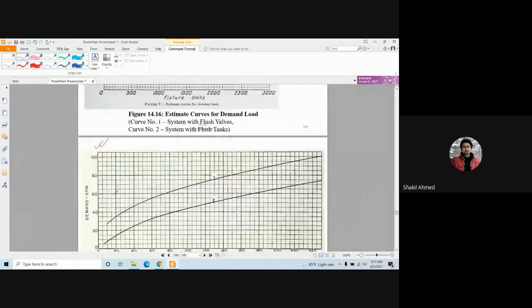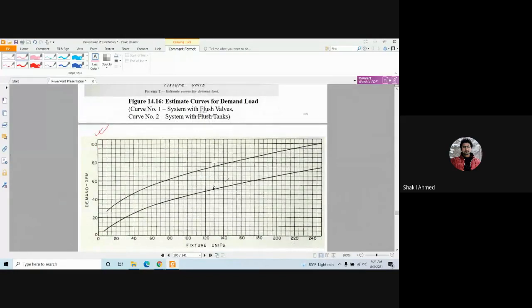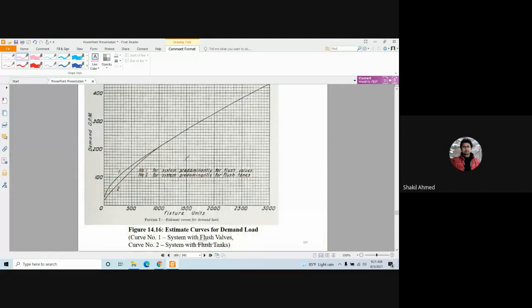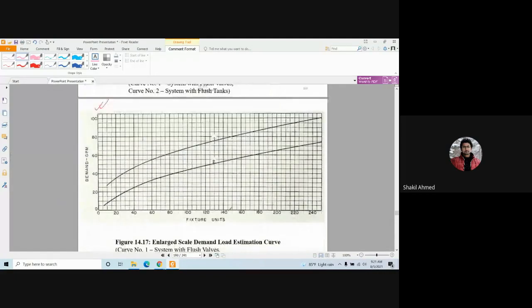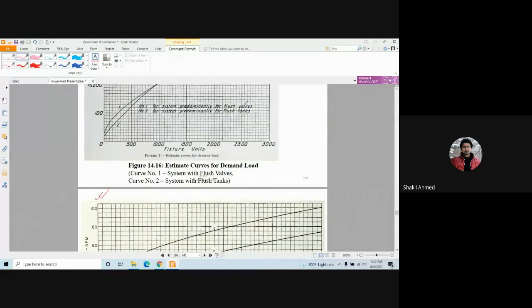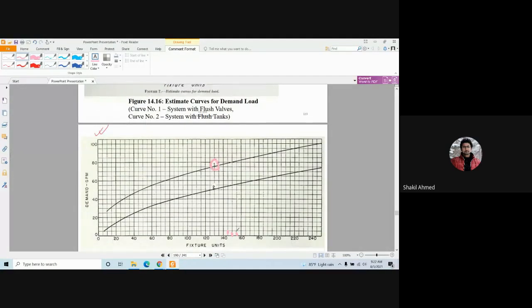These two figures are the same; this is just the zoom in of this figure. So let's look at this 170. This is 40, 50, 60, 70. 170 is here. What are you using in zone 1? Flush valve. So you have to use number 1, this one. So 170.